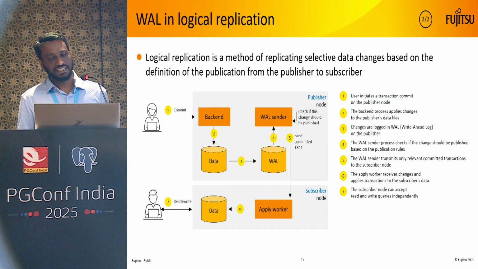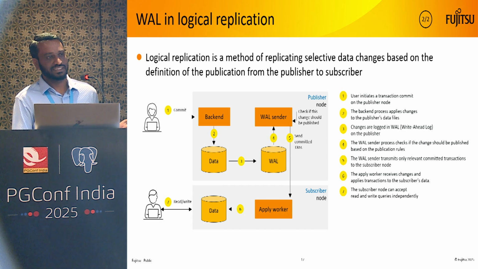When any transaction changes are happening, we will generate WAL buffer and flush it to WAL. WAL sender reads this WAL and sends it to the apply worker. Here we send selectively to the apply worker. The apply worker applies this transaction in the subscriber.